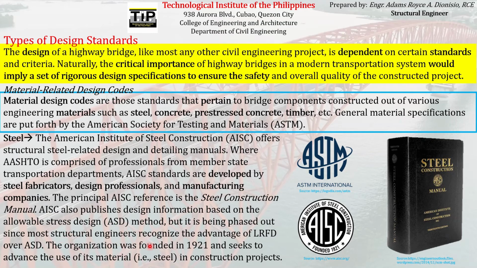The organization was founded in 1921 and seeks to advance the use of its material, like steel, in construction projects. As you can see on the AISC logo, it was founded way back in 1921. Whenever we use steel as our construction material, we usually refer to the AISC as well as to the ASTM.